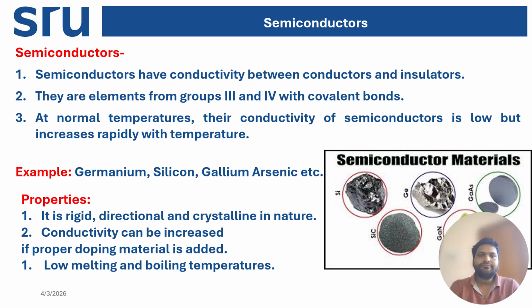What makes semiconductors special is that their conductivity can be controlled. By adding different materials into a semiconductor, we can control its conductivity. In a semiconductor, the number of free charge carriers is moderate.